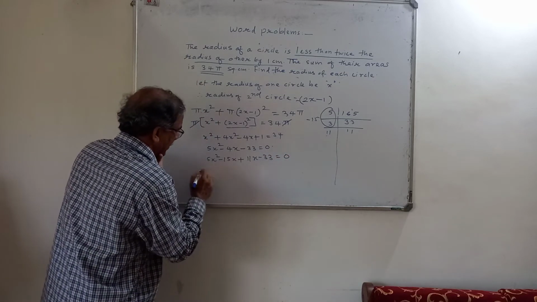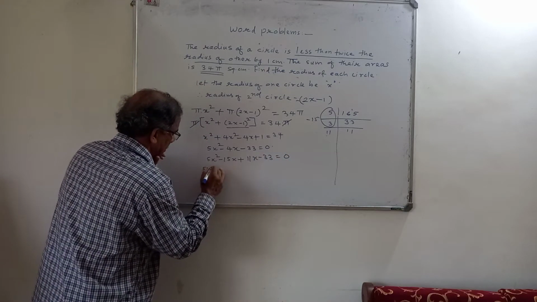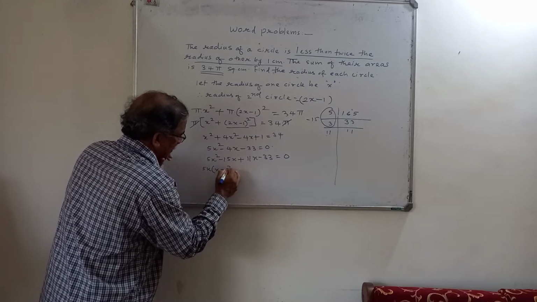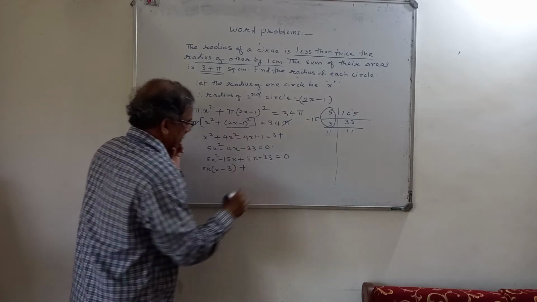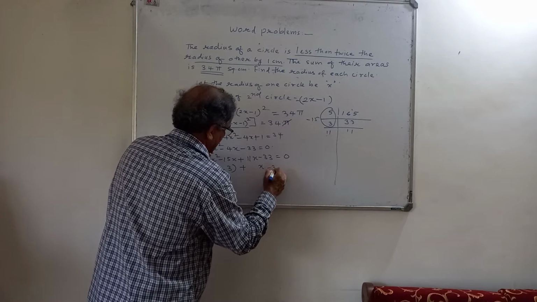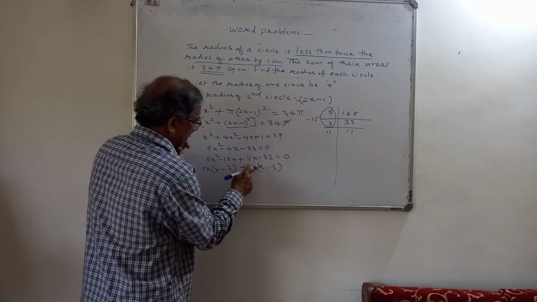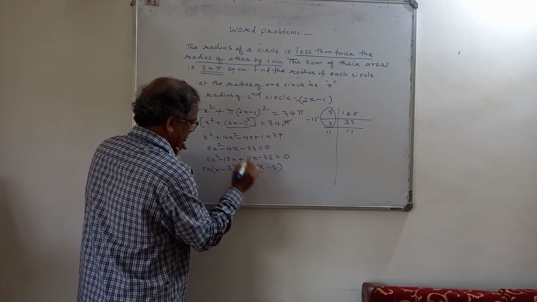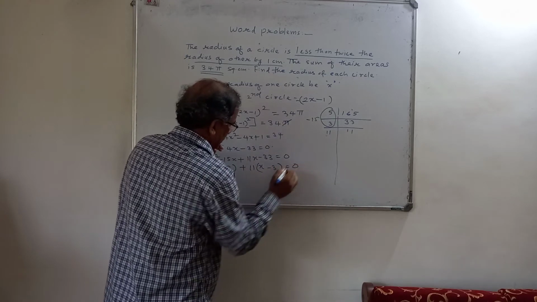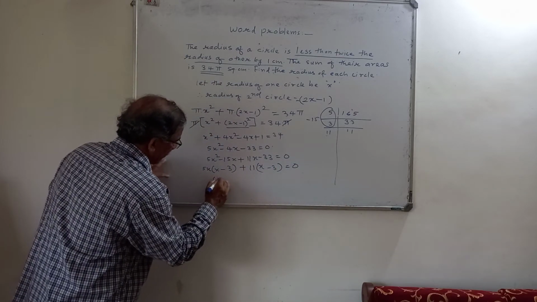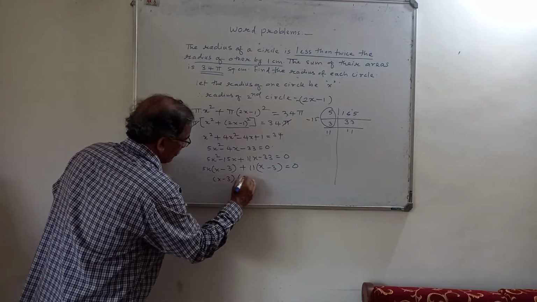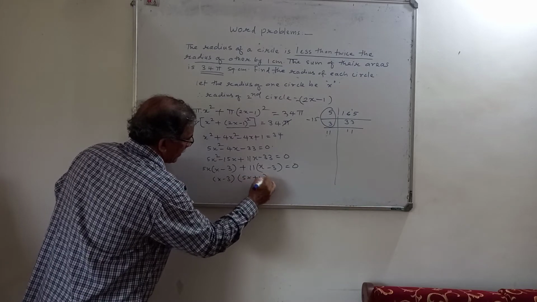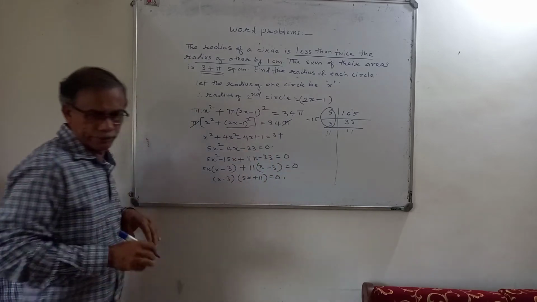So 5x square minus 15x, 5x common: 5x into x minus 3, plus 11 into x minus 3. So x minus 3 into 5x plus 11 is equal to 0.